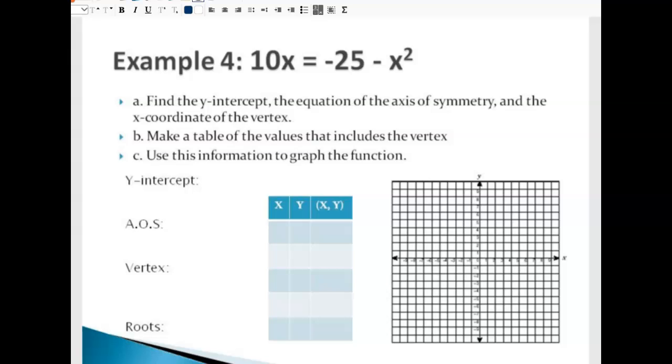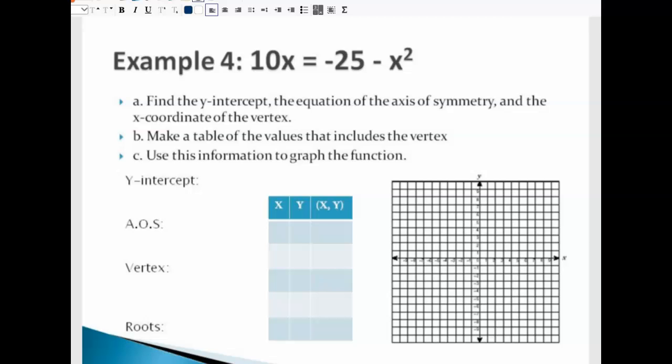Example 4, we have 10x equals negative 25 minus x squared. Once again, in order to find all of our key pieces of information, we need to set this equation equal to 0.